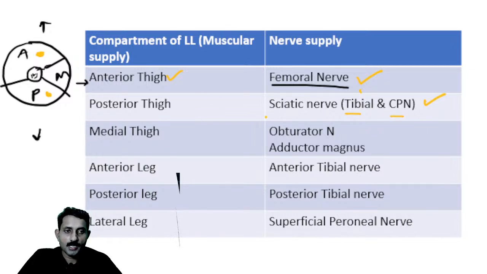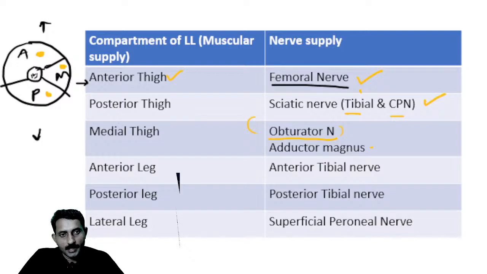Now, what is the nerve of the medial compartment of the thigh? It is the obturator nerve. It supplies most of this except one muscle, adductor magnus. Adductor magnus has two parts, the hamstring part and the adductor part. The hamstring part is supplied by the tibial nerve, but the other part is supplied by the obturator.